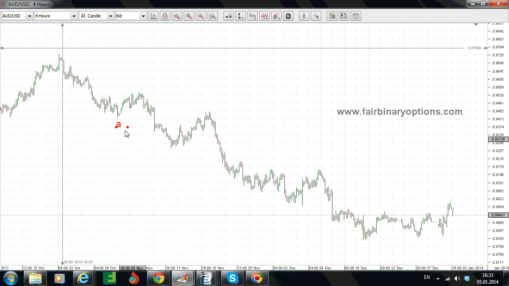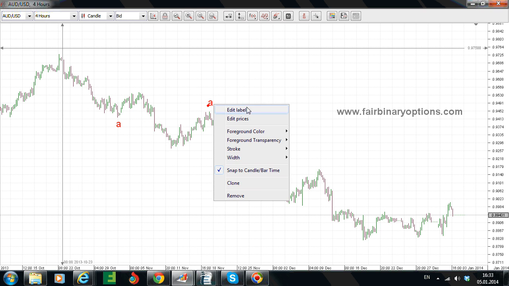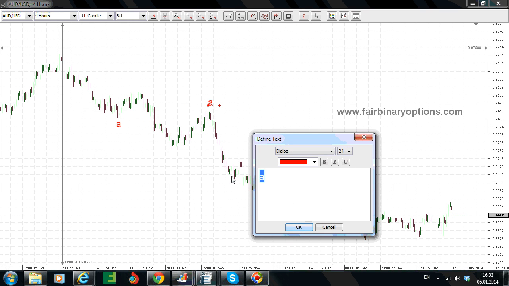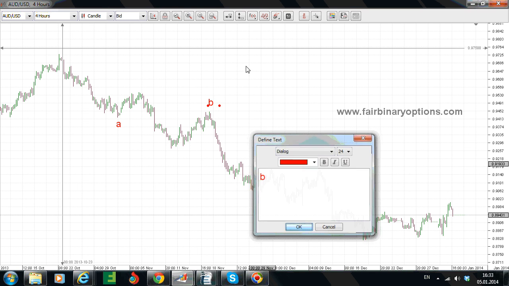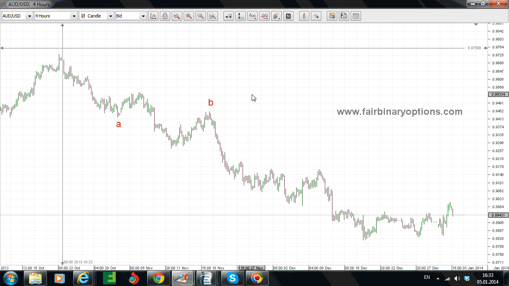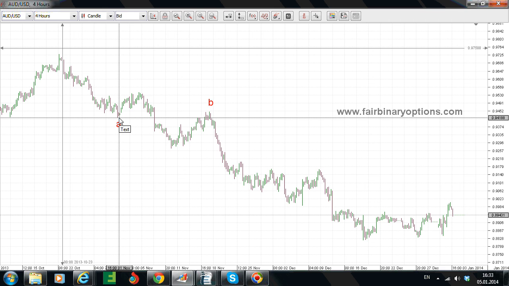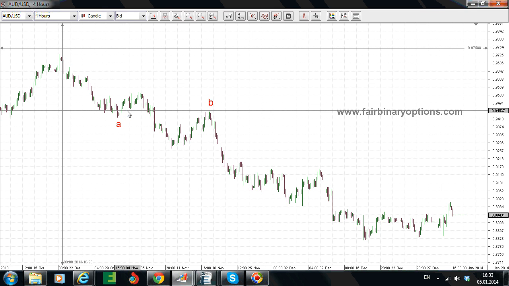Now in order for this to be considered a zigzag, the B wave to the upside should retrace at least 1% of previous wave A. As you can see, wave A is ending here, the B wave ended here, so this condition is satisfied.